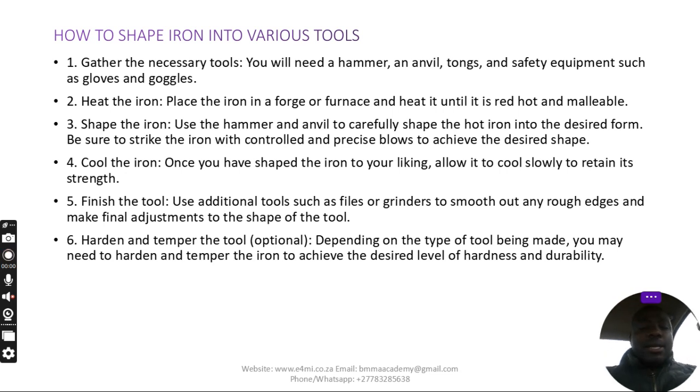This is the final lesson that we are going to cover here in the iron smelting and engineering course. We did mention that the main reason why we were talking about how to make our own iron is so that we can make our own tools without having to buy them from other people.